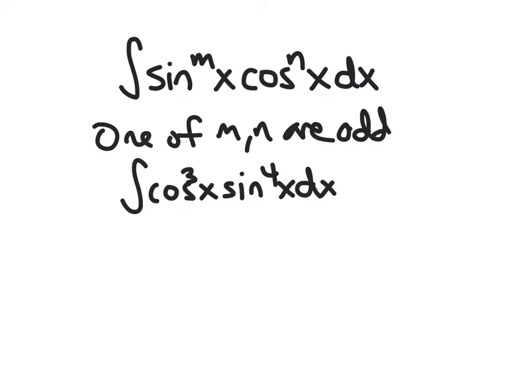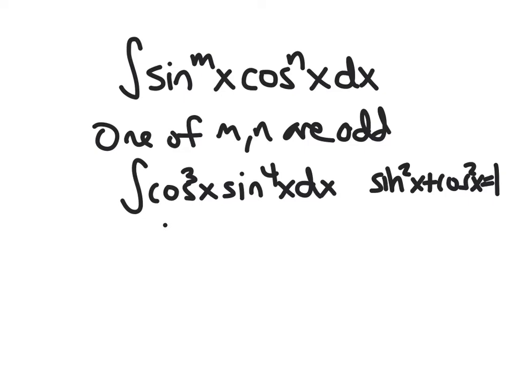Here's where we have to remember that sine squared plus cosine squared is 1. This is going to be vital because we know that the derivatives of sine and cosine relate to one another. The problem is if we want to use a u-sub where, say, u is sine or u is cosine, we need one of these powers to be exactly 1 to get our du lined up right.